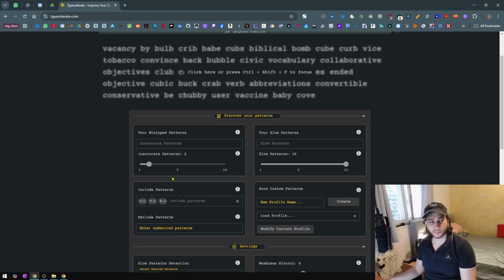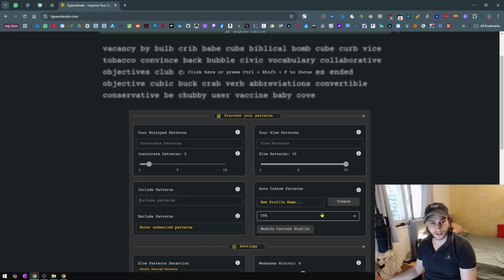And you know that you want to practice this very often, maybe every day, maybe once a week, but you want to come back to it a lot. So instead of having to put them in here one by one every time, you can actually save this into what I call a profile, right? A custom pattern profile. So let's just call it simply CVB, okay?